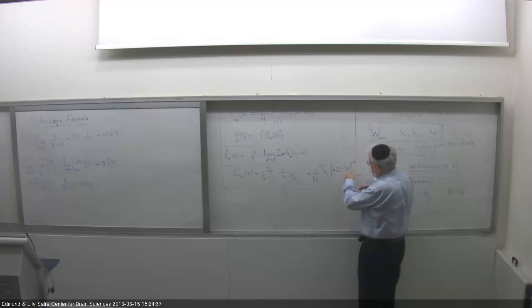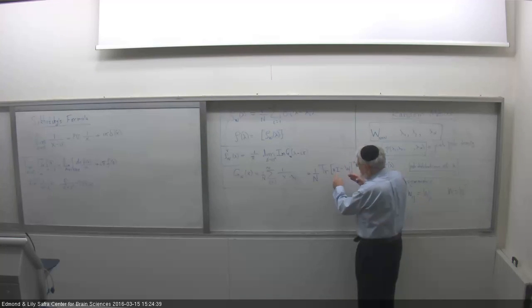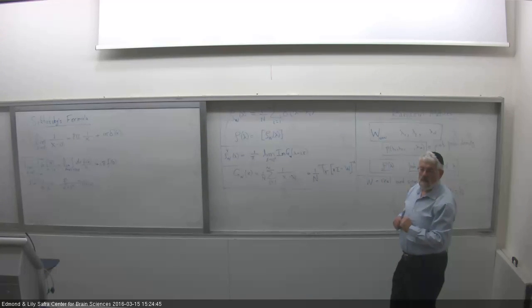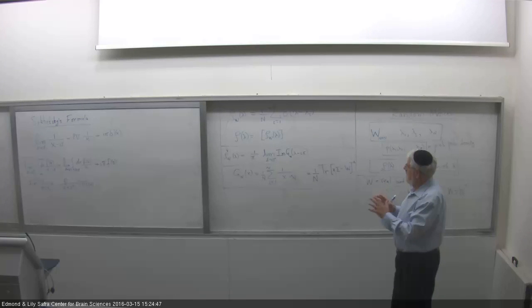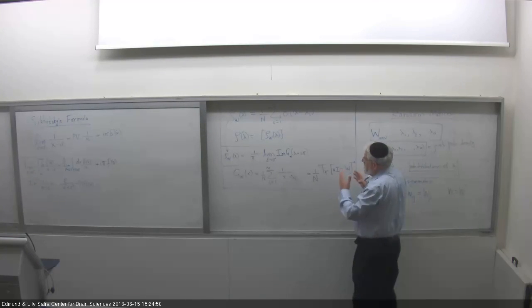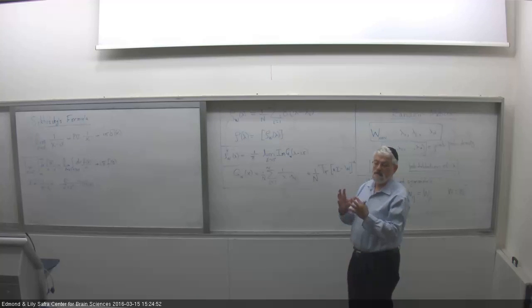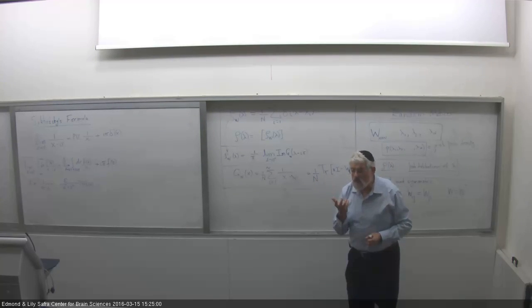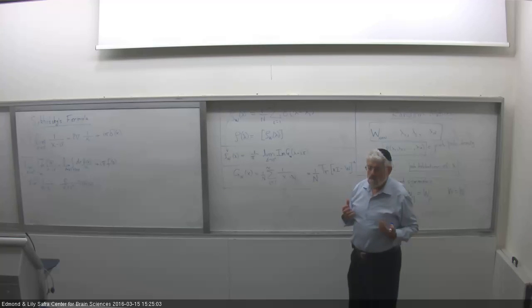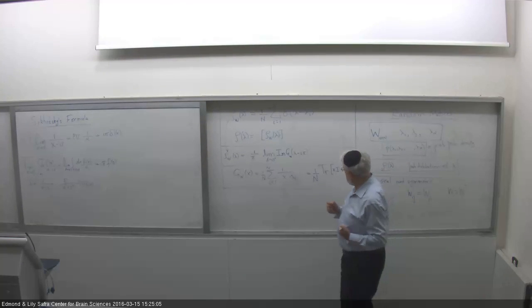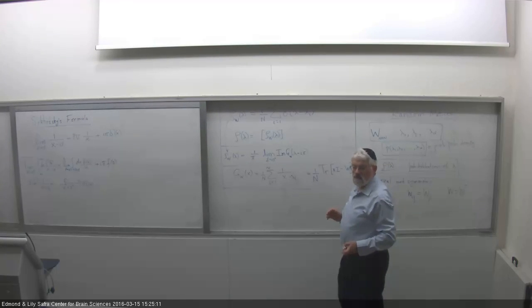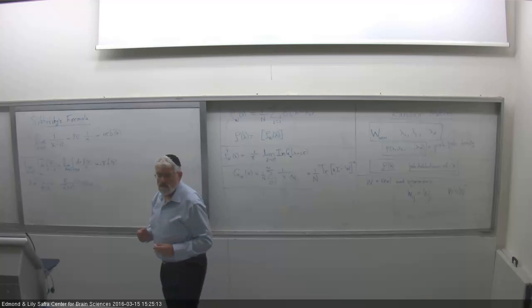Then in that basis, W is diagonal, and the diagonal is x minus lambda I. This is true whatever representation I use. The trace is invariant under rotation. So if this is true in the basis where W is diagonal, this is true for any basis. But now this is an inverse of a matrix. I have to invert the matrix, take the diagonal of that, and sum the trace.